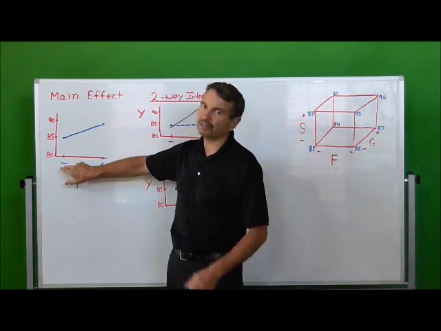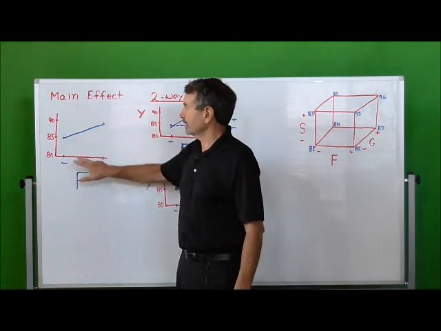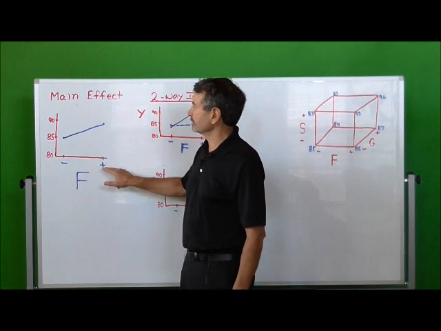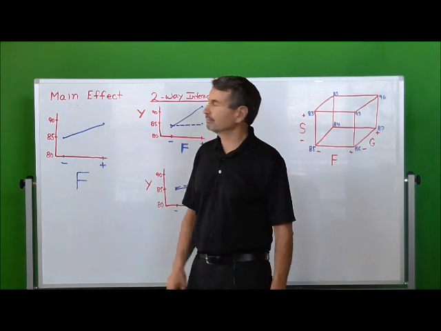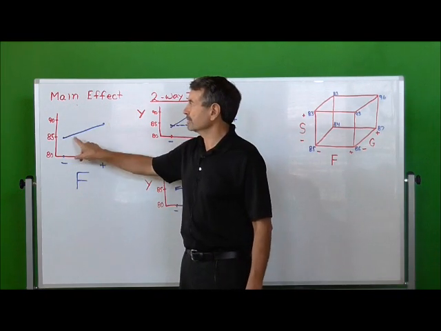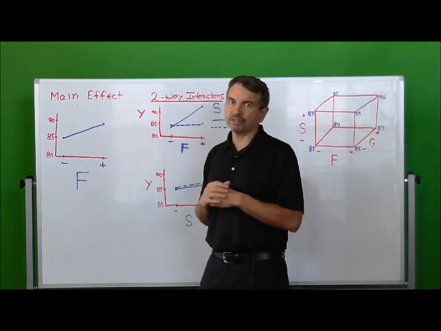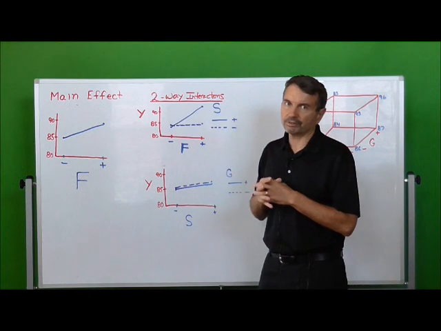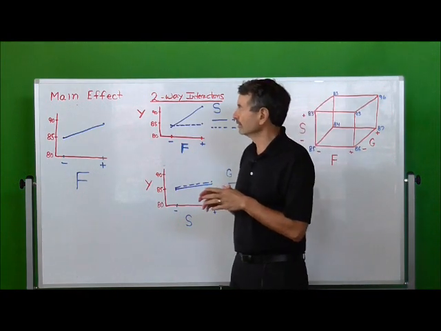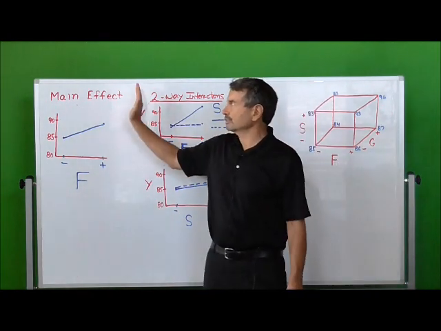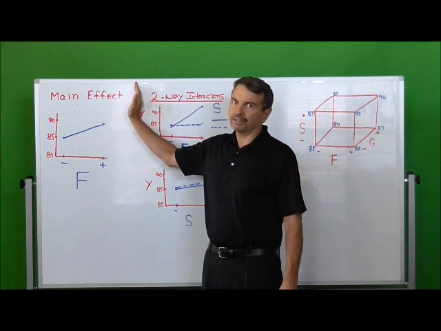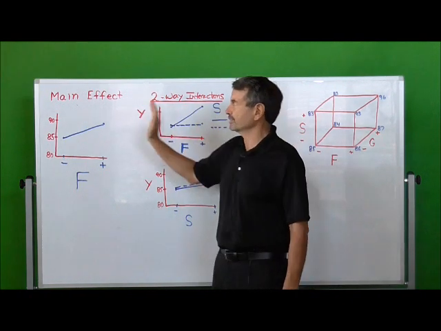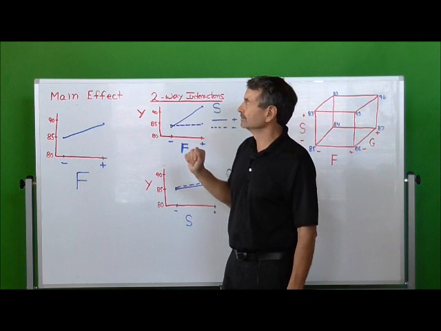Well, I'm going to take all the negative readings and average them out and plot them, and I'm going to take all the positive readings and average them up and plot them, and I'm going to get an approximate 6-point increase in my yield when I go from the force at the low level to the force at the high level. But notice if I had just looked at the main effects and not at the interaction effects, what I would be missing.